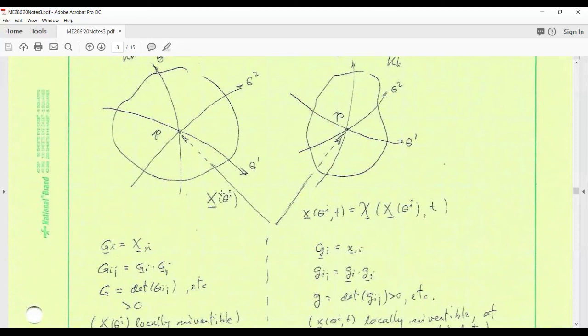Okay, so I can use those thetas to parameterize position in 3 dimensions, as we've done up till now. And I can use the same thetas to parameterize position in the current configuration, except now, position will depend not only on the thetas, the material point I'm talking about, but it will evolve with time. The position will change with time as the body moves through space. So I have a 1-parameter family of parameterizations.